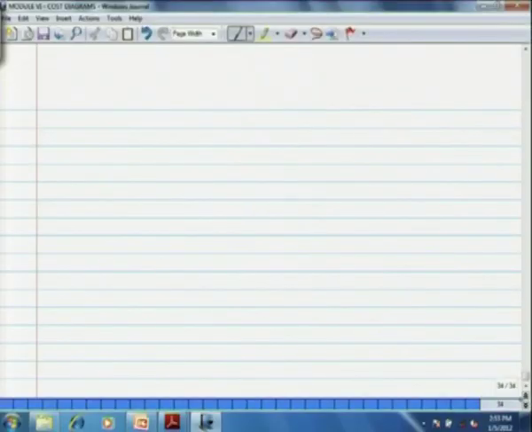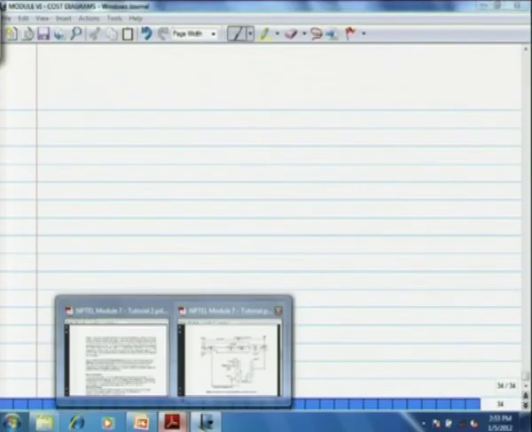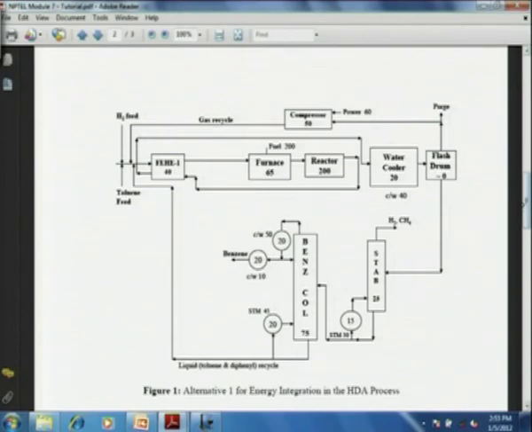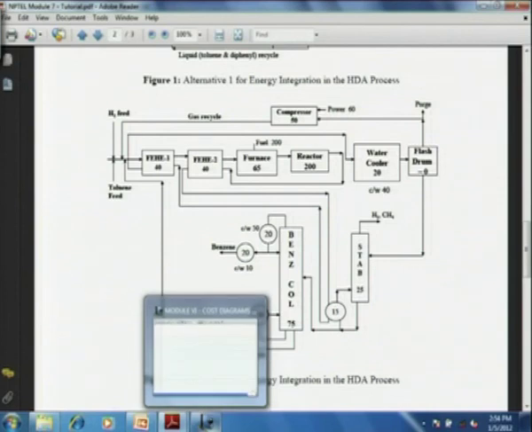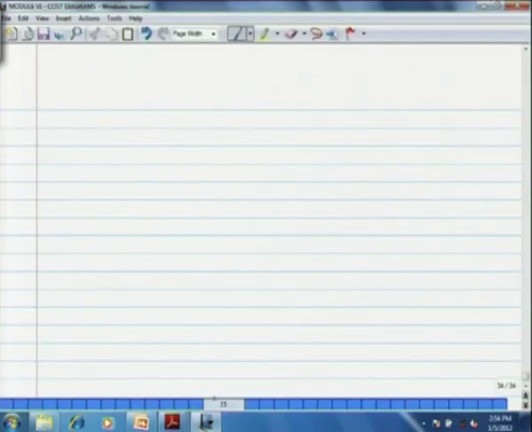In flow sheet 2 we have 3 energy integrated exchangers, FEHE1, then FEHE2 and the reboiler of the stabilizer column. So we have to distribute the cost according to the film coefficients of the streams that are involved in each of these 3 exchangers. Okay. So that point we note now.